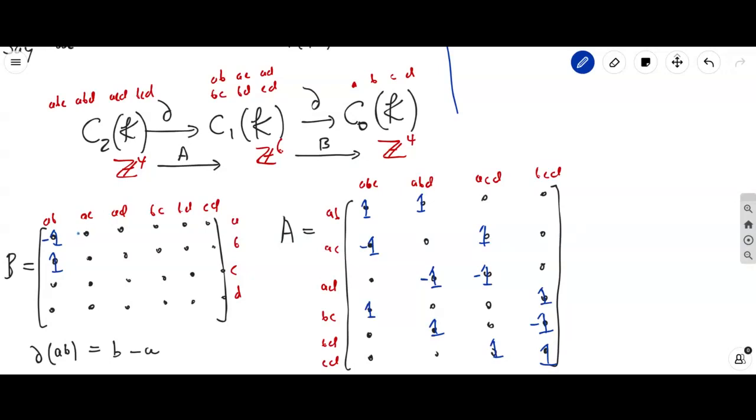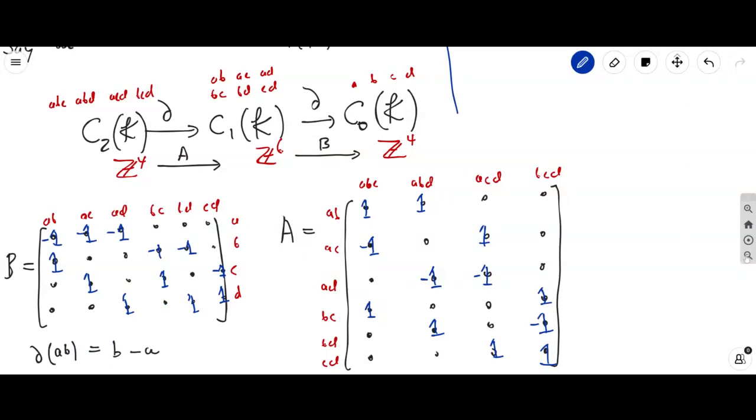And with AC, this one is -1, and this is 1. AD, -1, 1. That's BD, so -1, 1, and then this one is -1, 1, like this. So that's how it works.